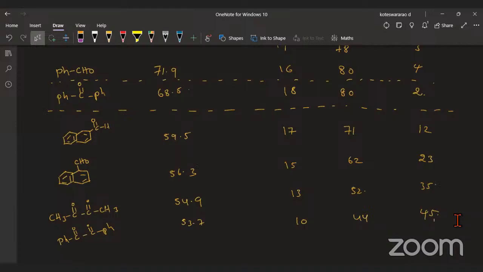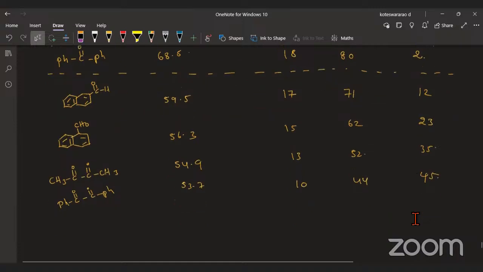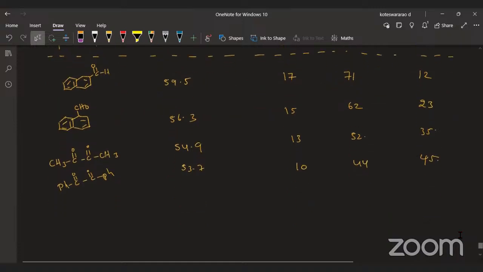The results can be explained by the energy of the triplet state of the s-cis and s-trans conformers and the barrier to rotation about the C1–C3 bond in the highest occupied molecular orbital, that is the HOMO, of the diene in the excited state. In the excited state, we are saying that it will be in the triplet state, meaning the first excited state of the triplet state.